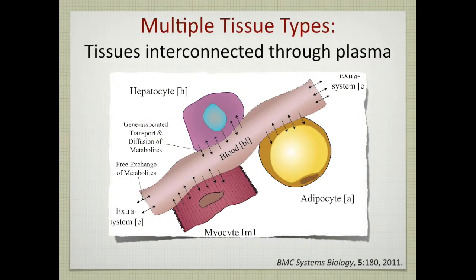And then you can build a multi-tissue or multi-organ model like shown over here, where all of these tissue types or organ types are exchanging metabolites with the blood. And the blood is cleared and things come into the blood, like nutrients come into the blood. So you can look at a fasting and the fed state and different kinds of fed states, for instance.